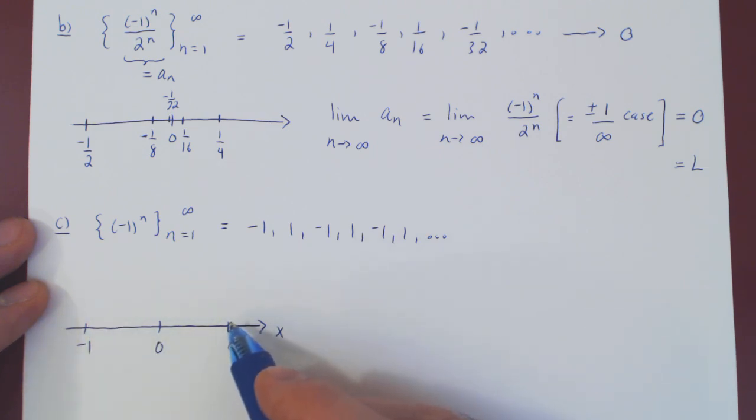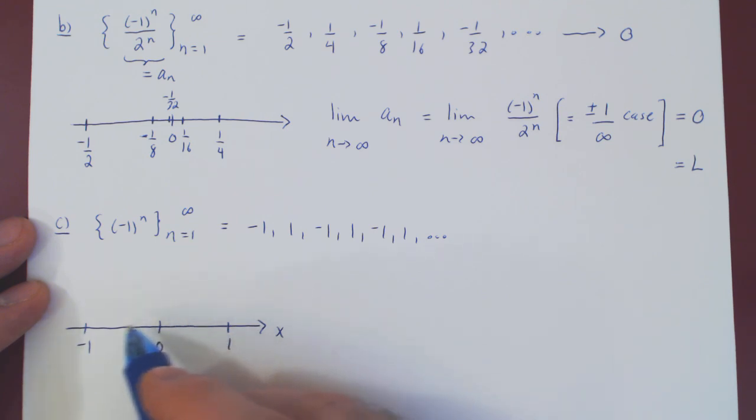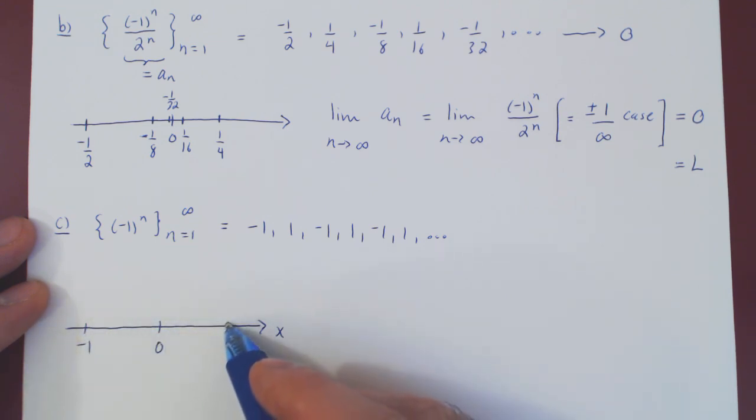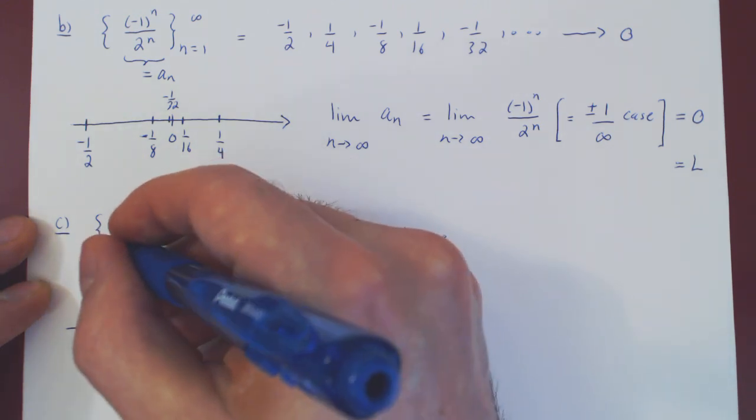The answer is clearly no. We're just bouncing back and forth forever between negative 1 and 1, and so we are not approaching a unique real number, and so our limit does not exist.